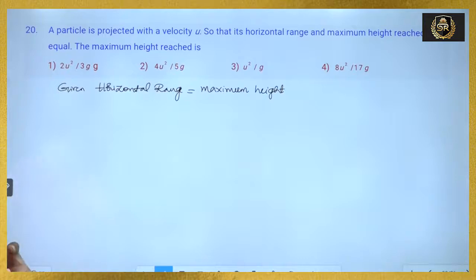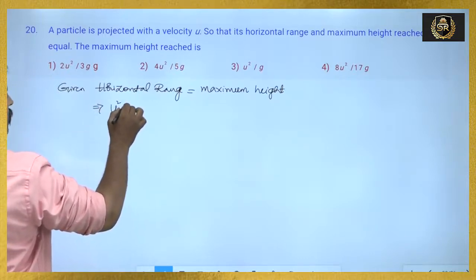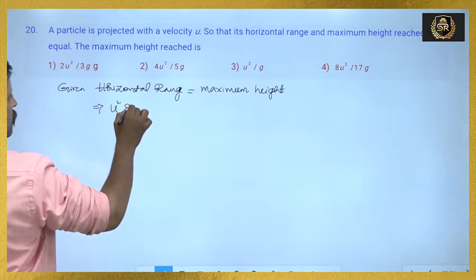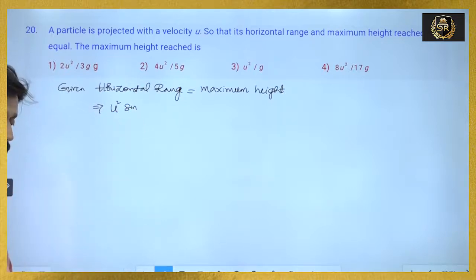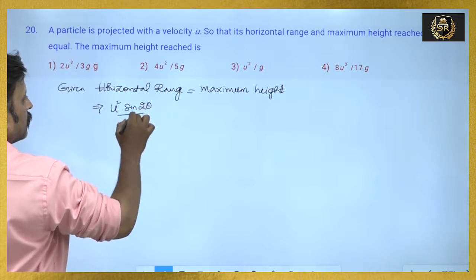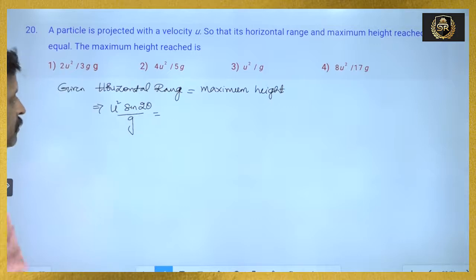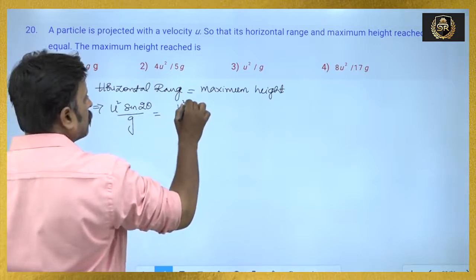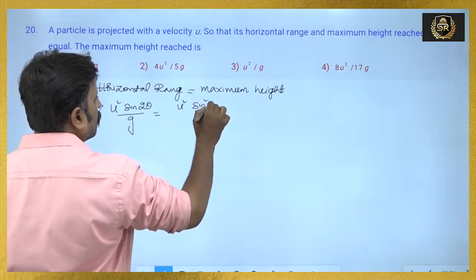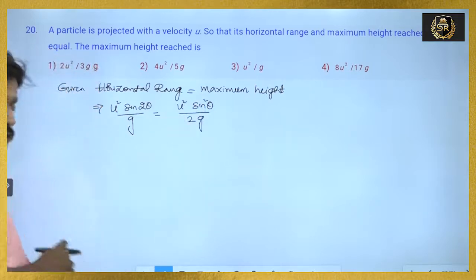The formula for horizontal range is u square sin 2 theta by g, is equal to maximum height. The formula is u square sin square theta by 2g.